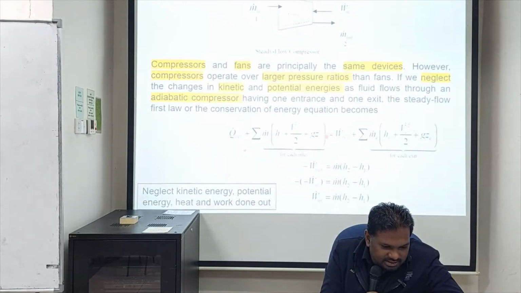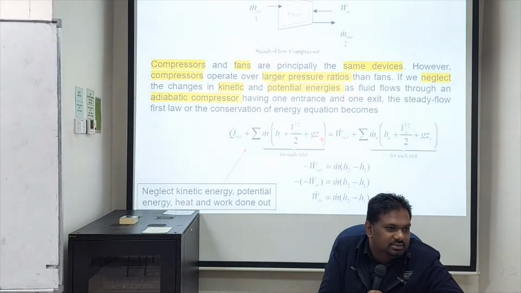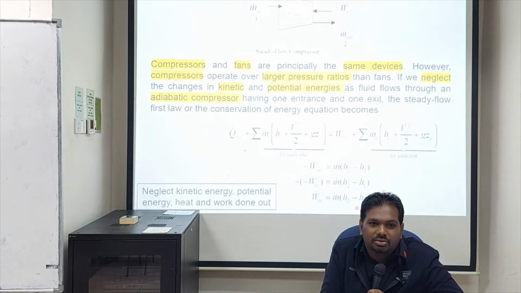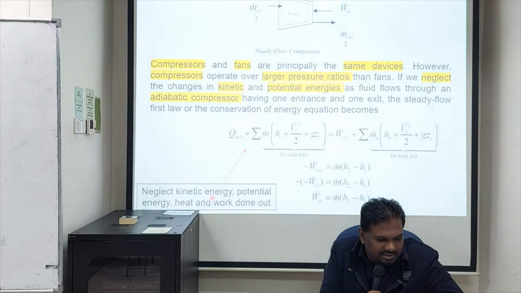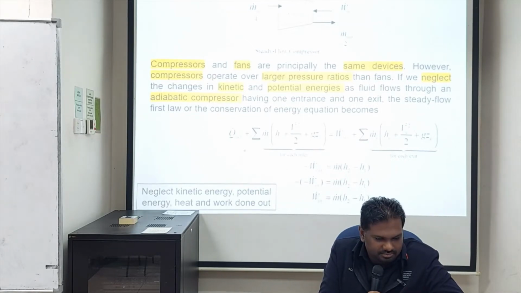Macam dekat sini ada Z, yang ni adalah ketinggian, bukan H. So don't get confused. So for compressor we neglect the kinetic energy, potential energy, heat and also work done out. Sebab itu you dapat formula macam ni.